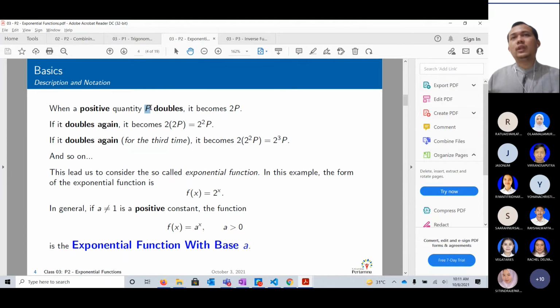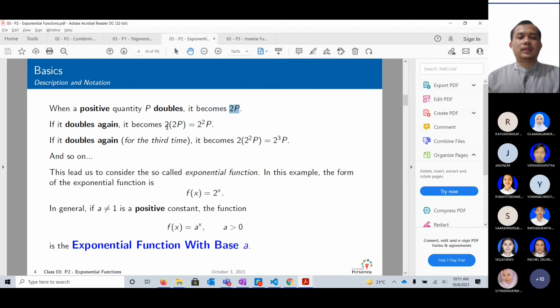So it will always double after, let's say, 10 years. Then this investment P, after 10 years, becomes 2 times P. And then 10 years later, it doubles again.